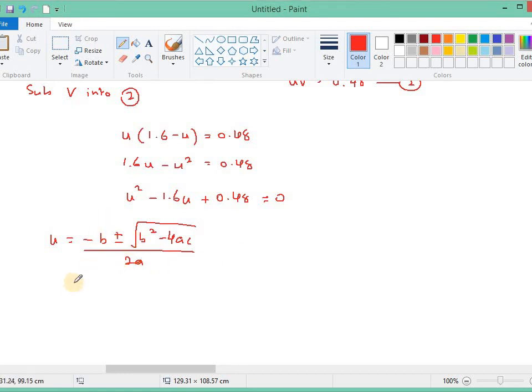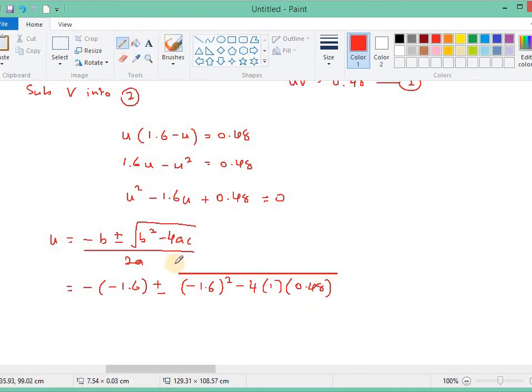So negative (negative 1.6) plus or minus the square root of negative 1.6 squared minus 4 times 1 times 0.48, over 2a.